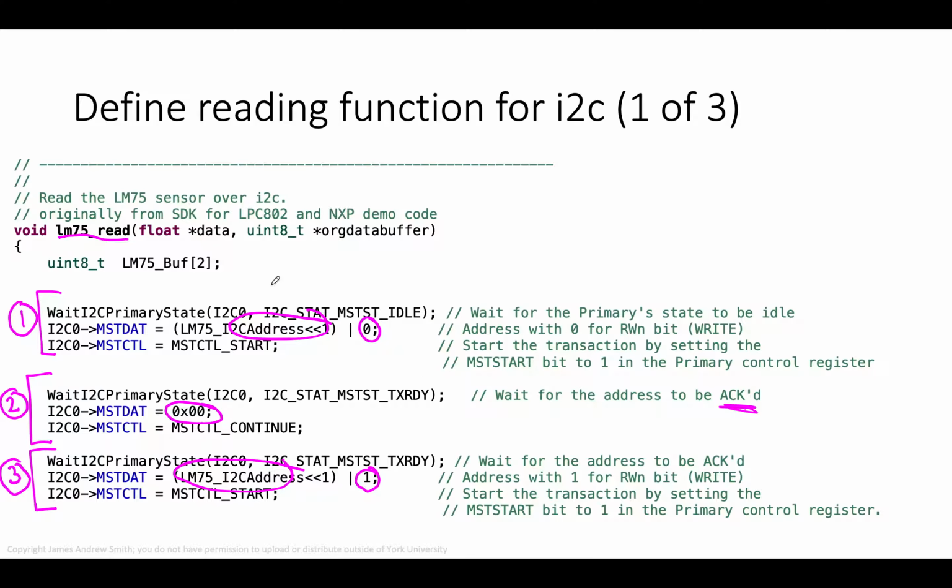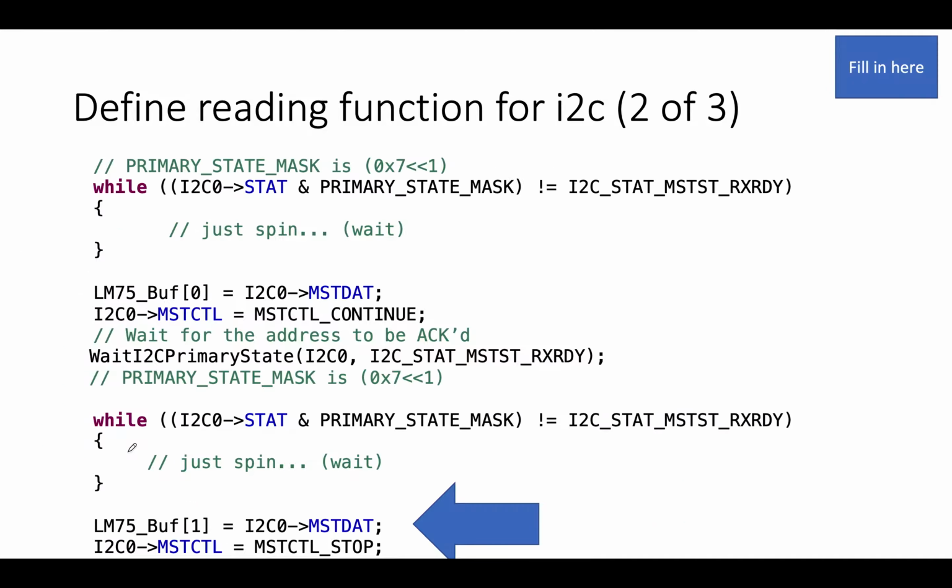Okay, so there's basically these waiting functions right here that are called in order to make sure that the I2C system is ready for the next transmission. Here's some more waiting.